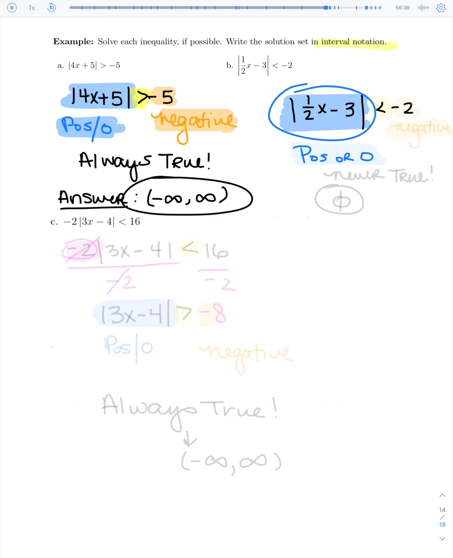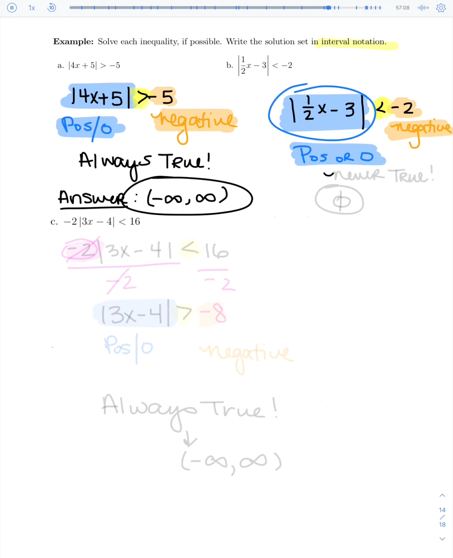And then we have a less than symbol, and then we have a negative on the other side. So let's translate this into a sentence again. We've got something that's positive or 0 that we're saying is less than a negative value. Well, a positive or 0 is never smaller than a negative.